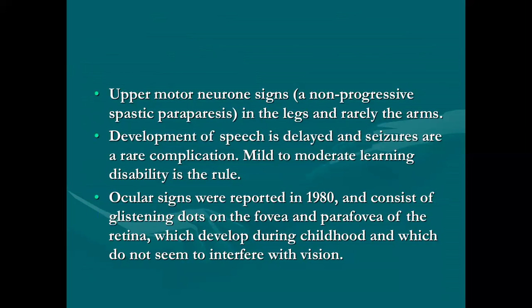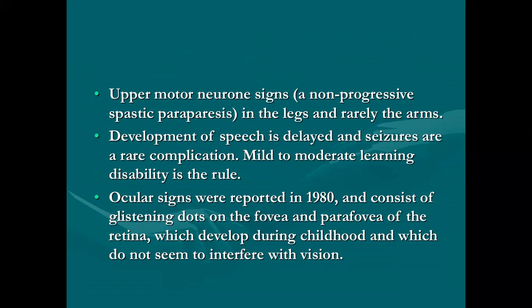There are upper motor neuron signs, that is, a non-progressive spastic paraparesis in the legs and rarely in the arms. Development of speech is delayed and seizures may be a rare complication. There are mild to moderate learning difficulties.